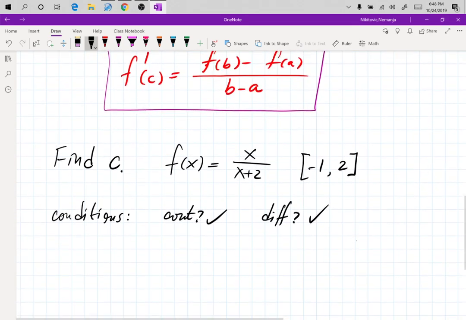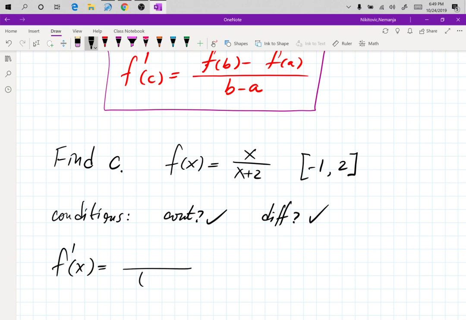Now we are supposed to use this formula. You are supposed to find the derivative of the function and plug the unknown c into it. And on the other side, you are supposed to plug in your limits a and b, which are -1 and 2, into the values and compute everything. So we need f prime. F prime of x is, well, that's a quotient rule over there.